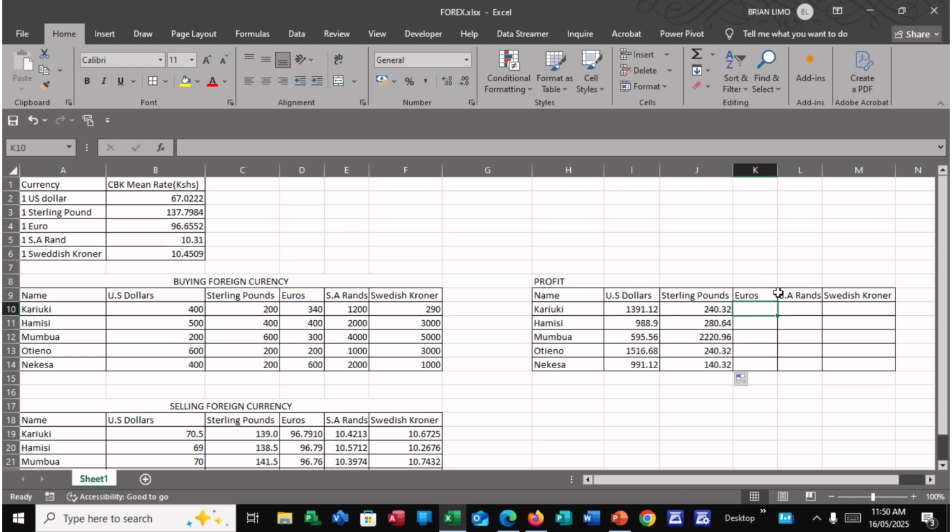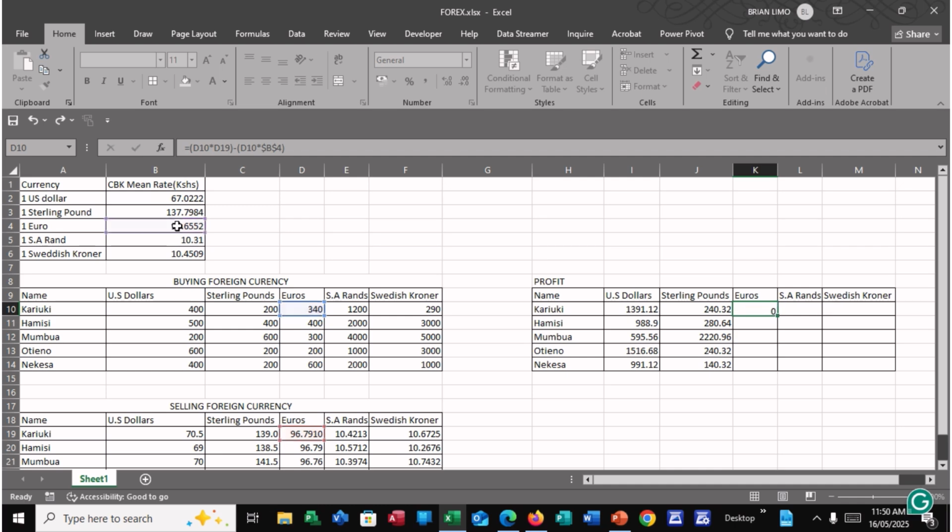Very simple. For the euros, it is equal to selling price minus buying price, open the bracket, the 340 euros multiplied by the rate for the euros, that one, D19, minus the buying price. The buying price is the 340 euros multiplied by the rate for the euros, that is dollar sign B dollar sign 4.